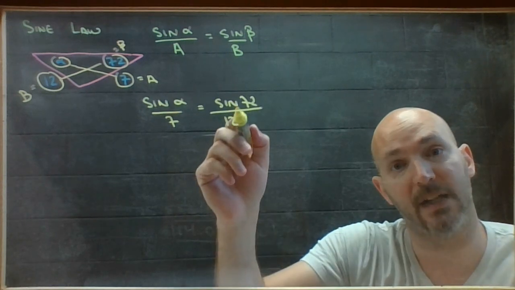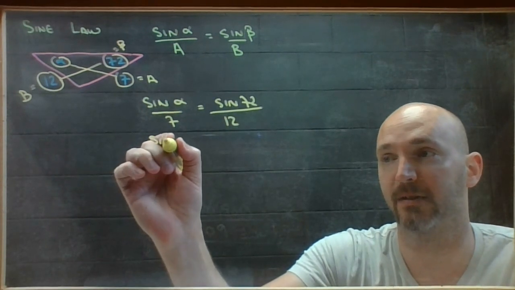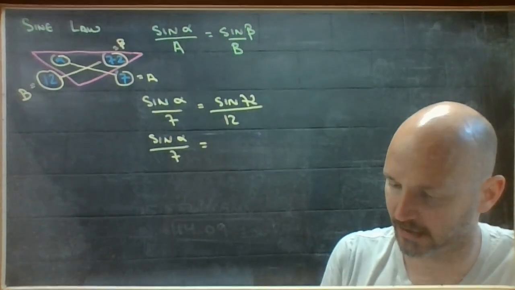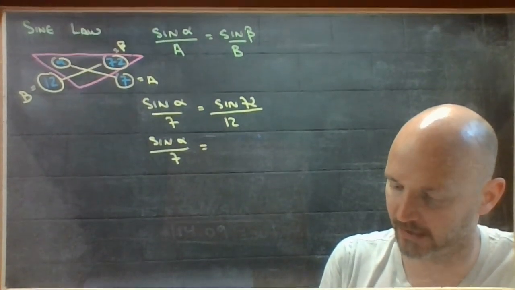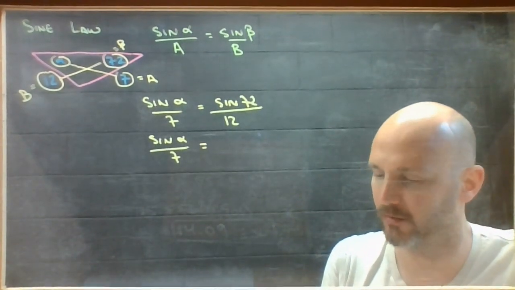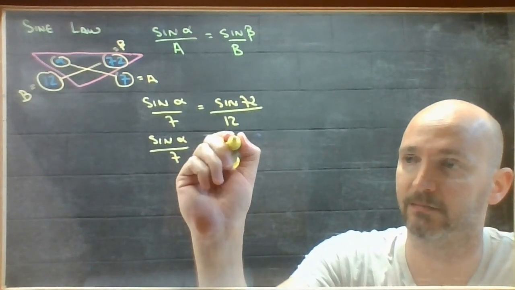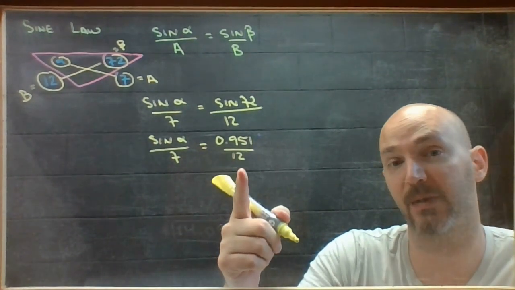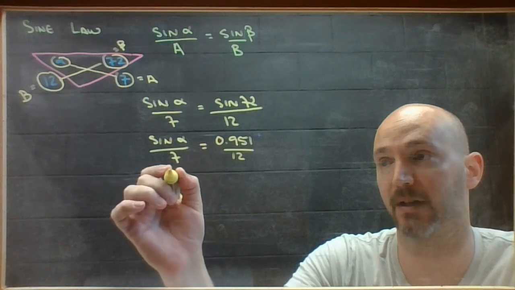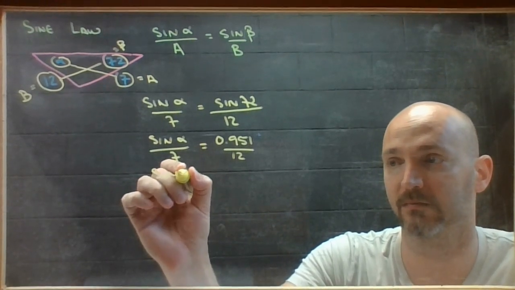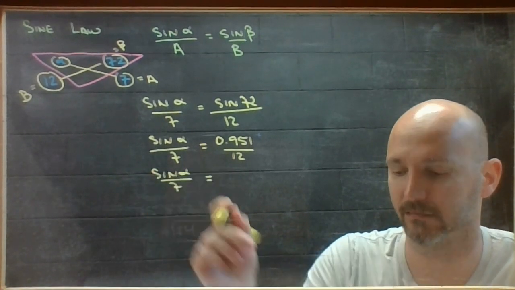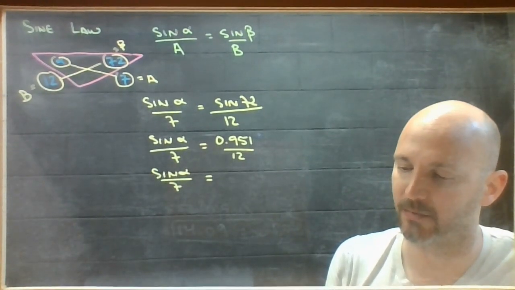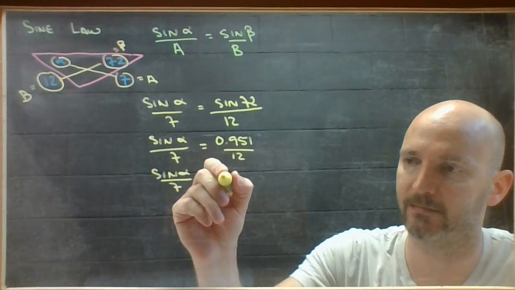So I have a sine I can evaluate with my calculator. Sine 72 is 0.951. I can do this division, 0.951 divided by 12. I get 0.079.